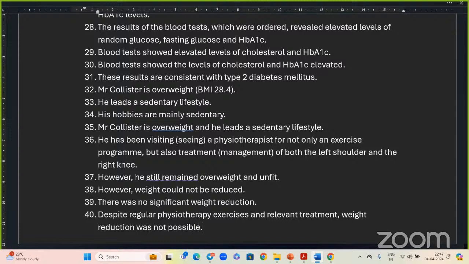Okay, there was no weight reduction. Weight reduction was not possible. Or reduction of weight was not possible, or was impossible.